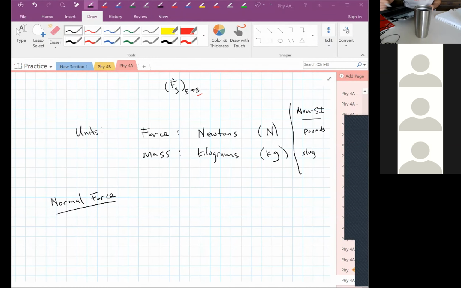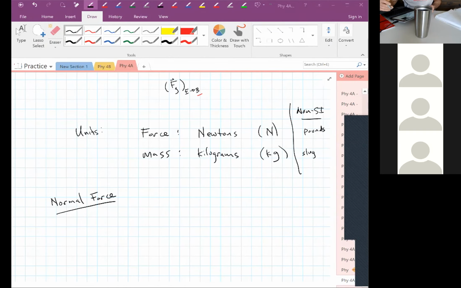There's a normal force: the table is pushing back up on our mug. How do we know? Because the mug's not falling down, right? There are only two forces acting on this mug: gravity pulling down, and the table pushing back up. So the table is pushing up with the weight of the mug.